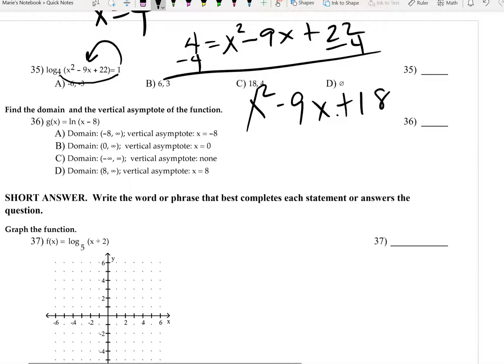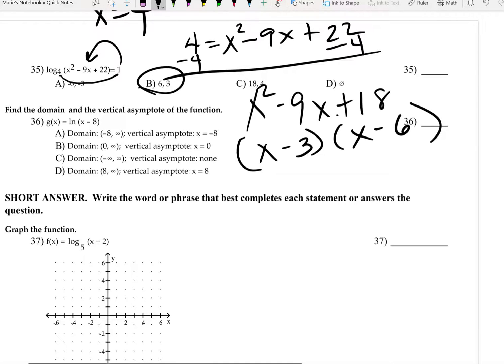Two factors that multiply to give you 18, but add up to give you a 9. I'm thinking 6 and 3. So x minus 3 times x minus 6. That works. And so using that information, your answer choice should be B. So you set these both to 0, so x equals positive 3, and here x equals positive 6. Always the opposite sign.